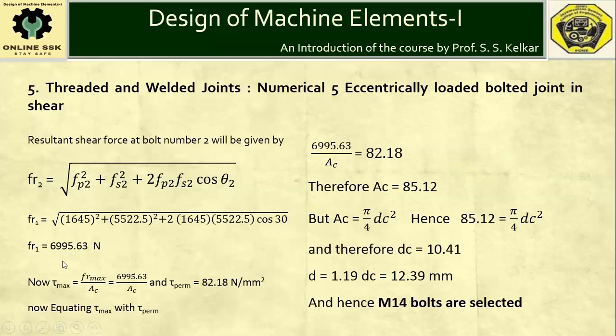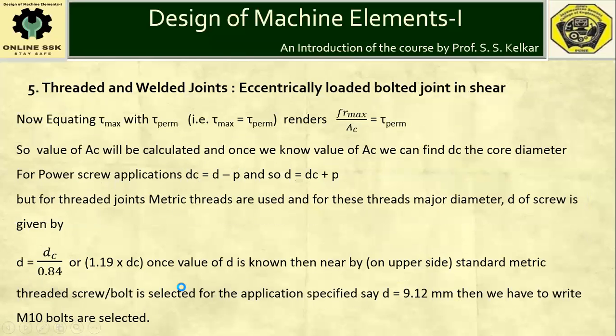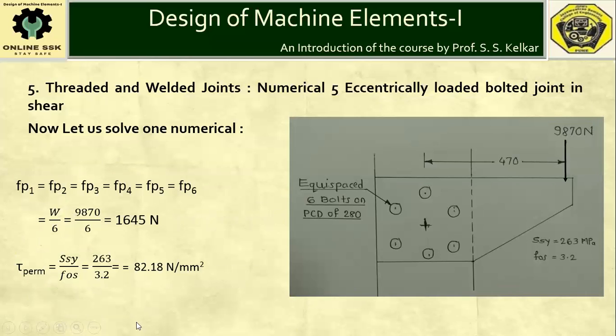6995.63. This FR2 when divided by AC, the core cross section area, that will represent maximum induced stress in bolt number 2. That is to be equated with tau permissible. Tau permissible is already calculated in the previous slide as 82.18.